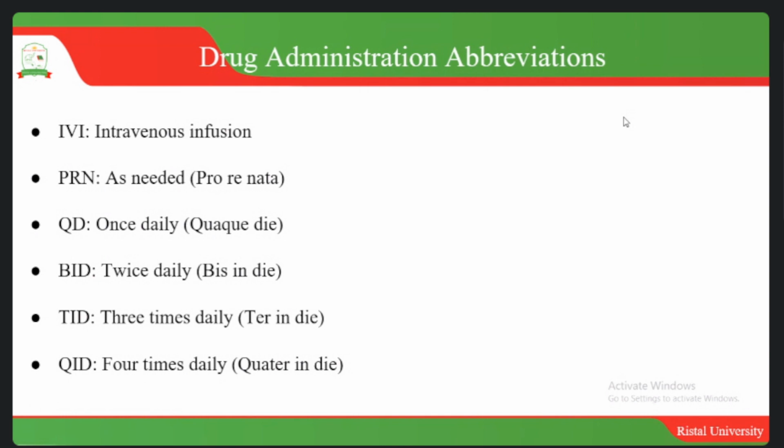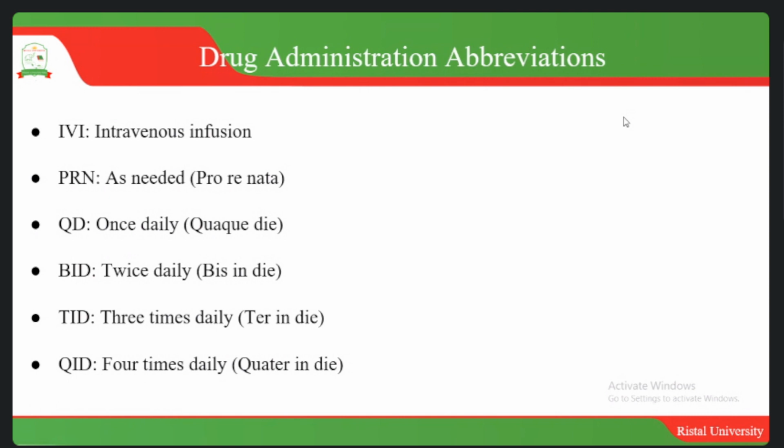We basically use fluids like normal saline, Ringer's lactate, and the rest. If someone is supposed to get IV fluids, the prescriber may put IVI, meaning that you're supposed to pass this through the vein and the person will be able to receive the fluids.